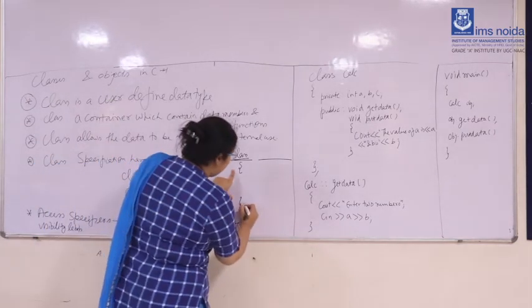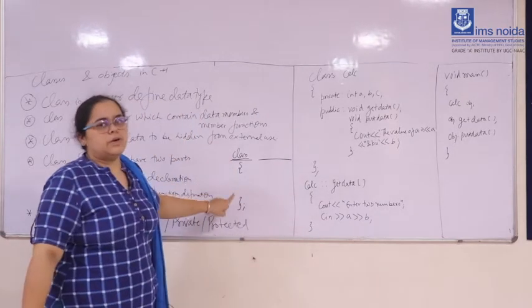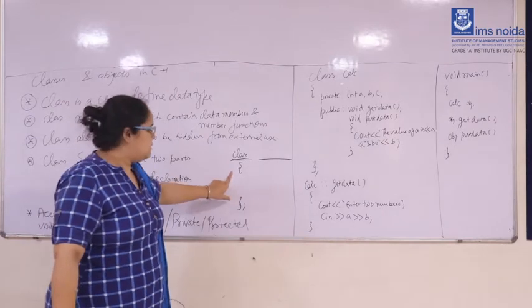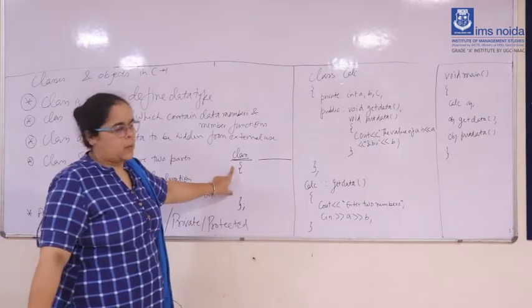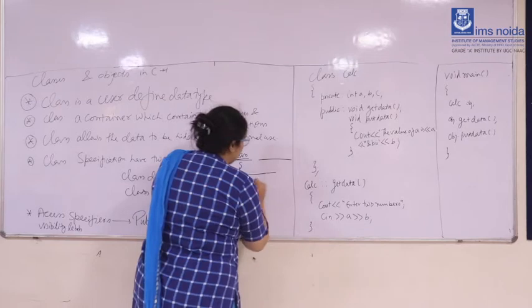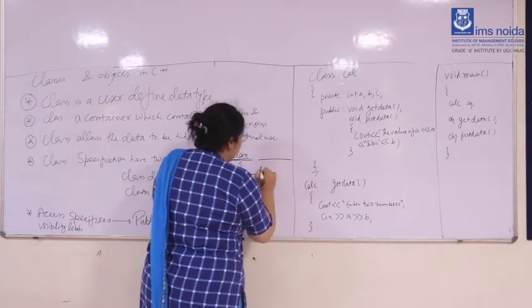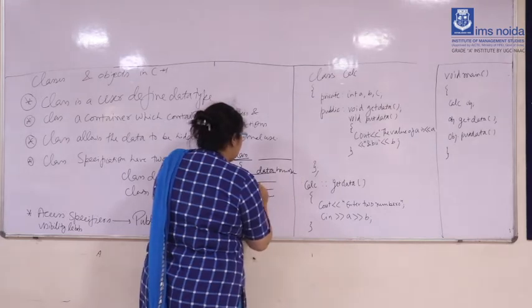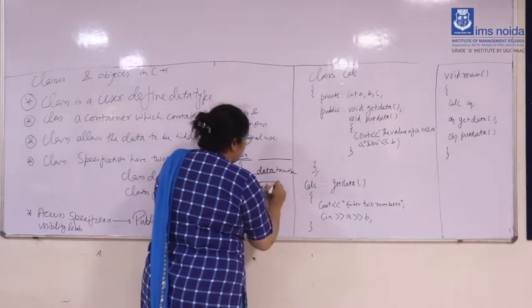Then you have to put a semicolon to give the instruction to the compiler that this class has this scope. Then in this container you can define your data members and member functions.